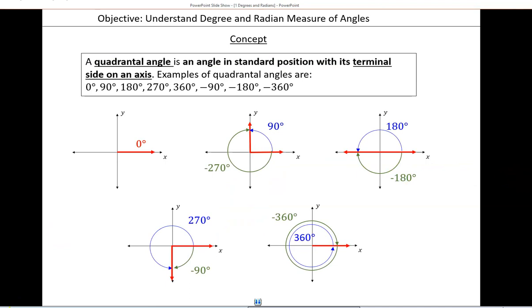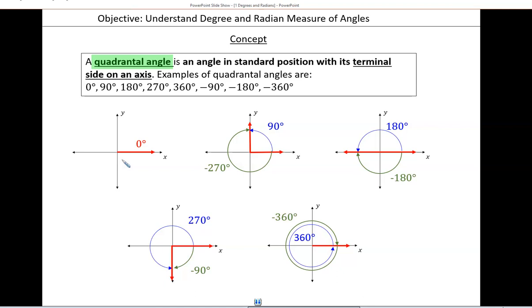All right, so one of the kind of special groups of angles that we often talk about is what we refer to as quadrantal angles. And they get their name quadrantal because the terminal side is on one of the axes, either the positive or the negative side of the axes, which means that they basically are one or more full quadrants of an angle.